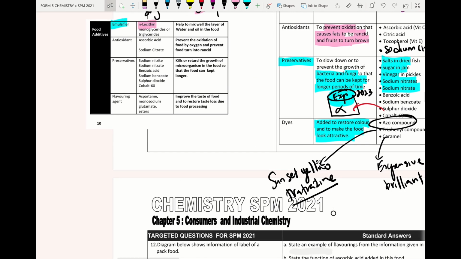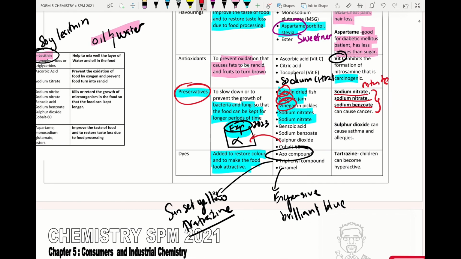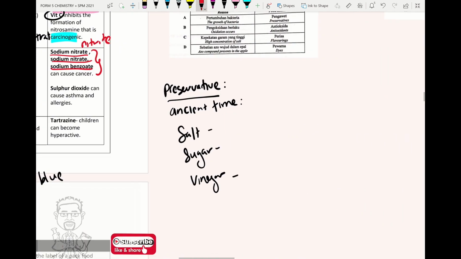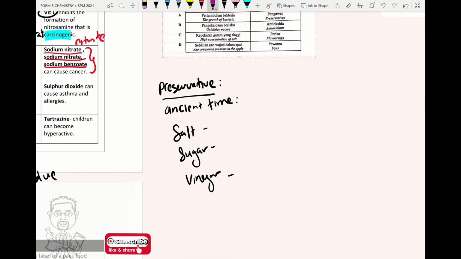All right, please remember soy lecithin or lecithin, which acts as an emulsifier and helps to mix the layers of water and oil in the food and prevents the separation of oil and water in the food. Under preservative, we checked salt, sugar, and vinegar. In ancient times, they used salt, sugar, and vinegar to preserve the food. How can salt and sugar preserve the food?